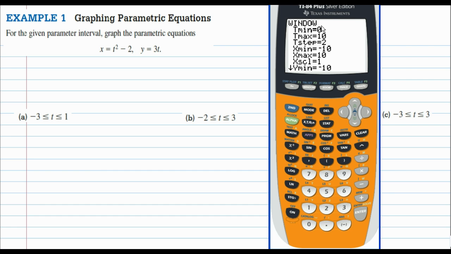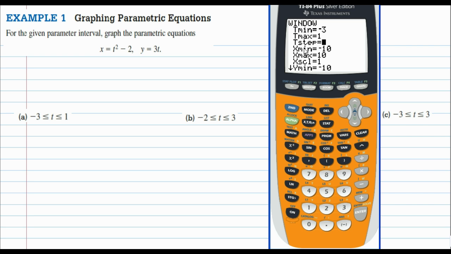So first, part A asks for t values from -3 to 1. So my t min is going to be -3. My t max is going to be 1. Now the t step is how often you want the calculator to calculate the x and y coordinates.